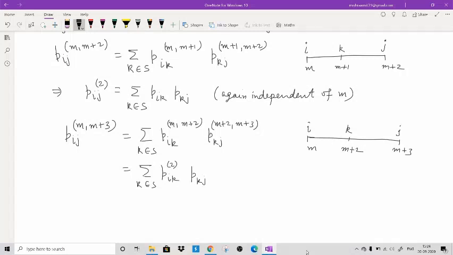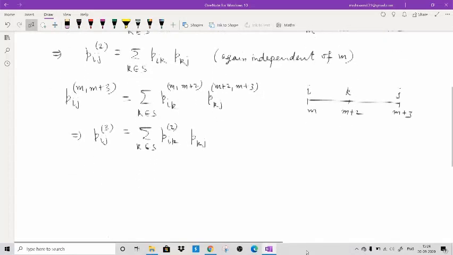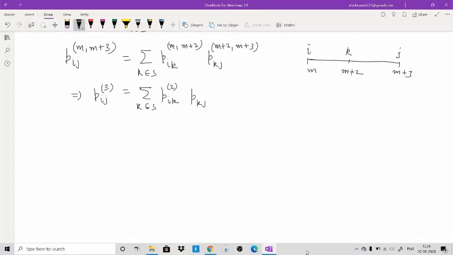So again, this can be written as P_ij^(3).